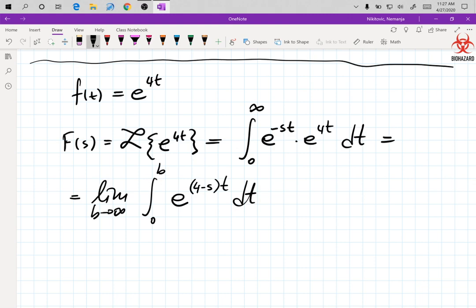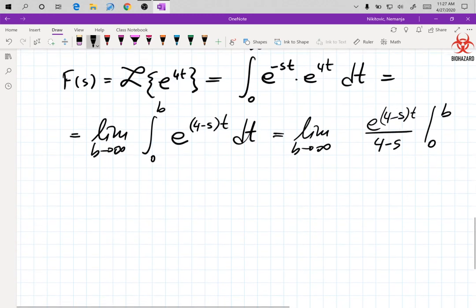Well, that's 4 minus s. So now that's a constant. So it's very easy to integrate this one. There is nothing special going on, right? The limit of e to the (4 minus s) times t divided by 4 minus s, from 0 to b.